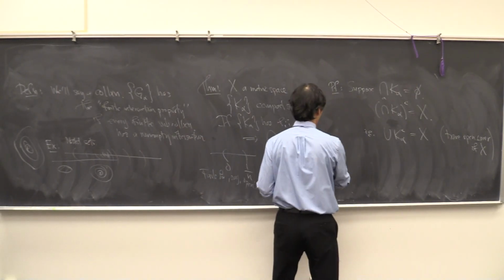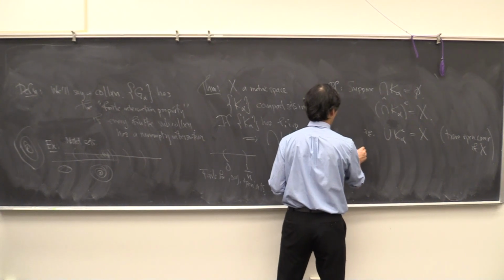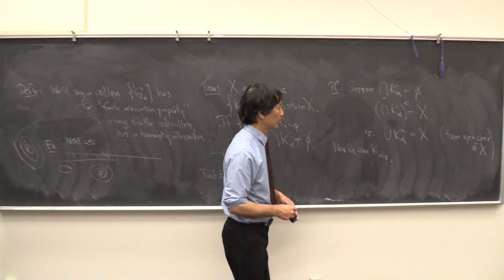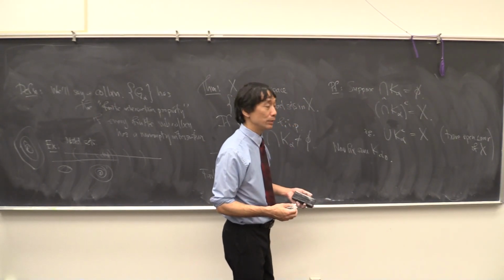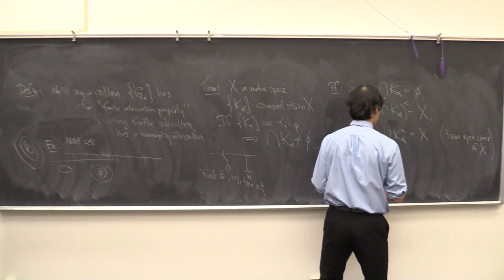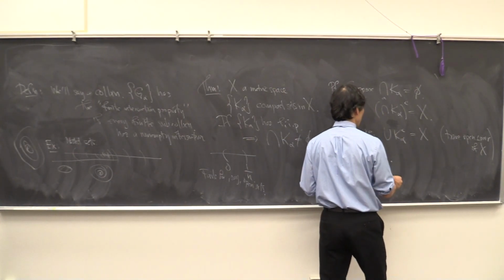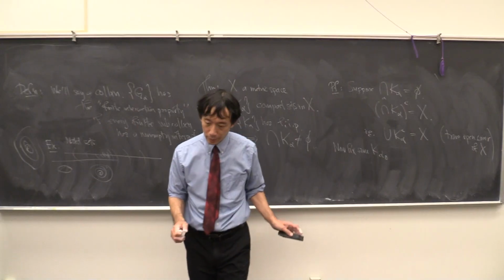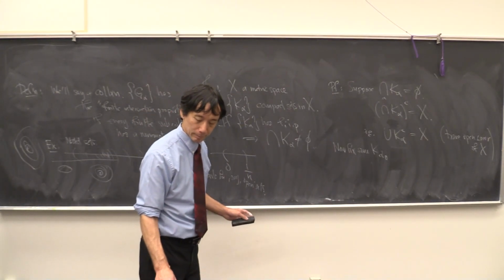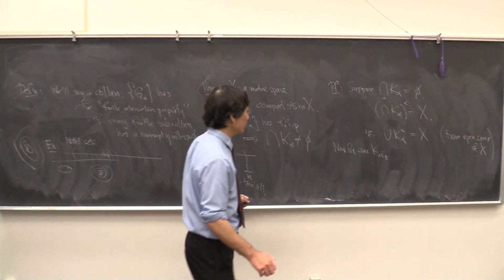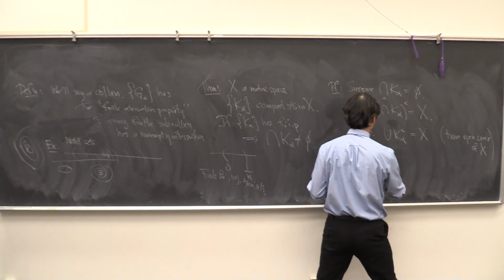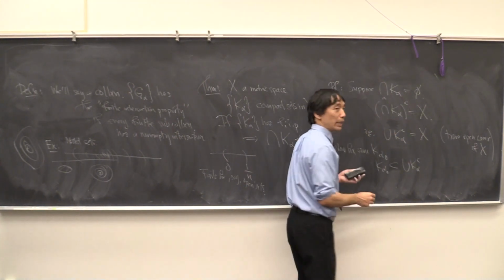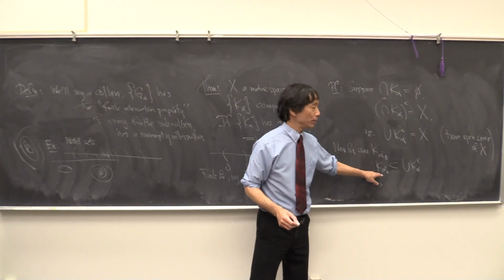Okay. So now fix some K alpha naught. Choose one of those, and consider it. K alpha naught is covered by this.